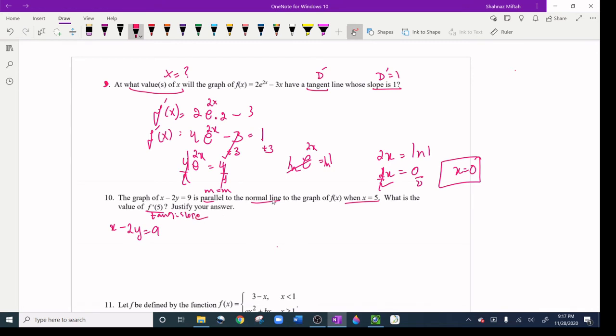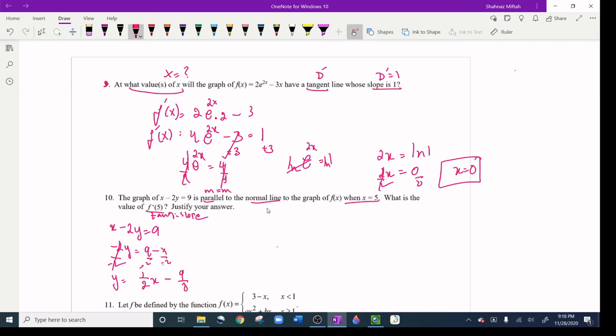So I have to get the normal line, and I can easily change it into y equal mx plus b. That's a good one because it's going to give me a slope, and I got minus 9 over 2. Negative turn positive. So my slope is half x.